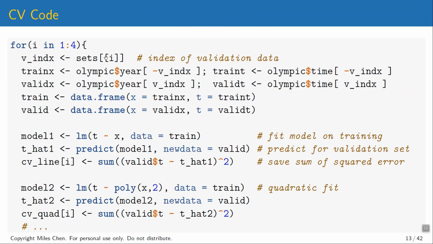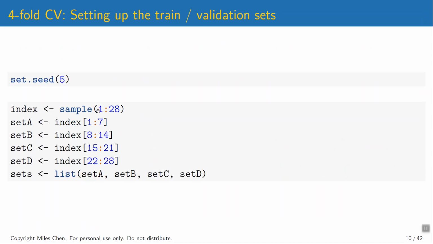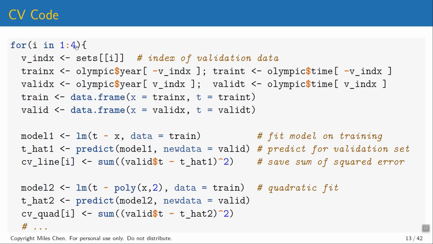So I select one of these sets here. We're going to loop through this 4 different times. The first time, set A, the first set, is going to be my validation set. Those are just the indices of which observations are validation.